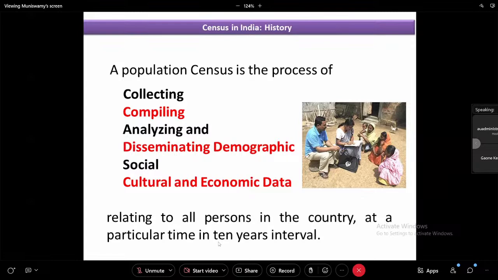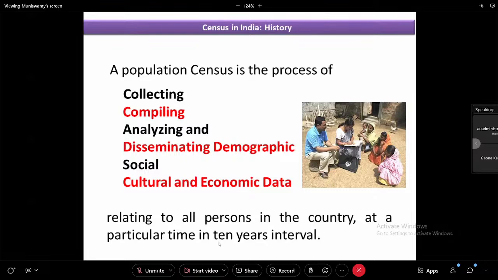I am giving one example, the census. In our country, the census survey is conducted once every 10 years. Why are we not conducting it every 5 years, every 2 years, or every year? The size is very large.